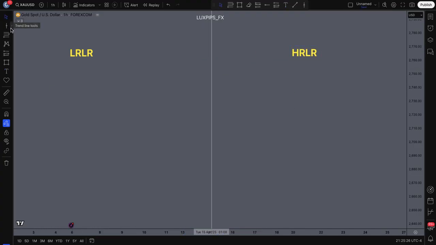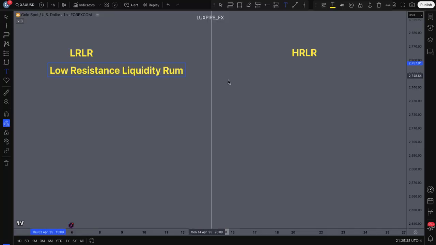I'm gonna show you the difference. Oh, I also need to tell you what it is, huh? It's a low resistance liquidity run. It's high resistance liquidity run.